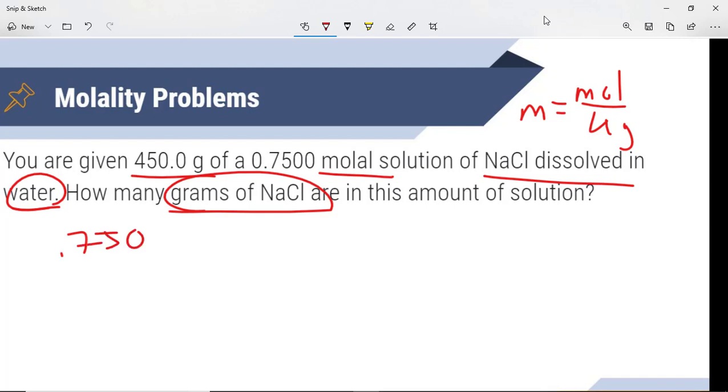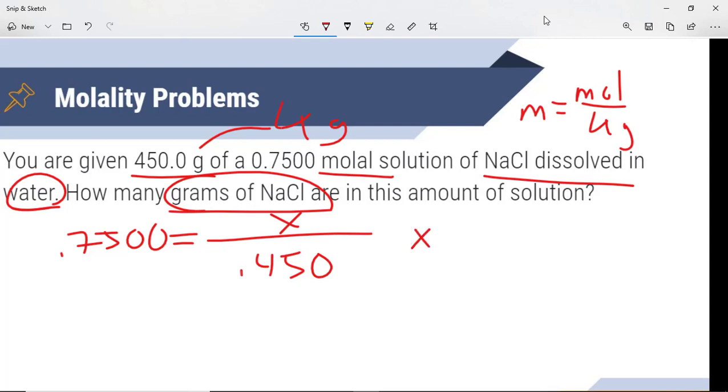So 0.7500 equals, now 450 needs to be converted to kilograms, so that's 0.450. So with correct significant figures here, we're going to get 0.3375 moles of NaCl. And then we're going to convert that to grams.